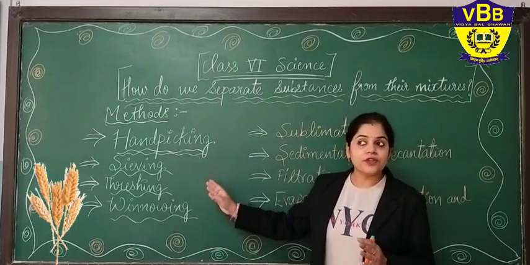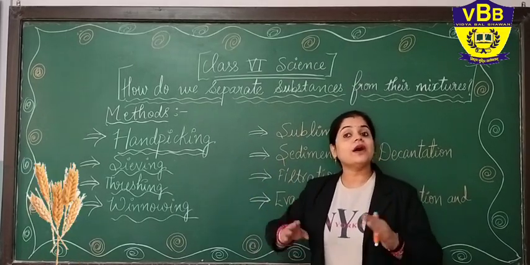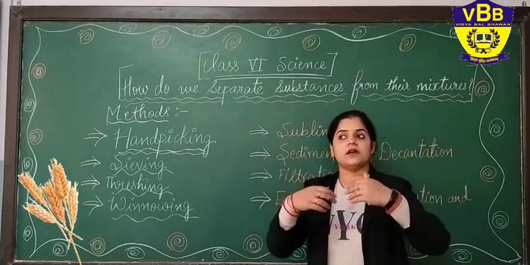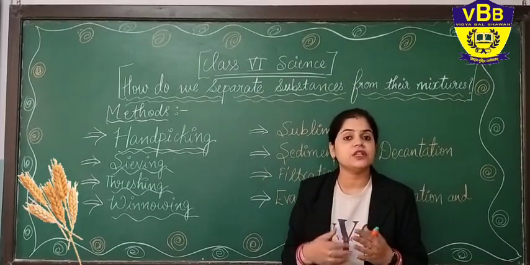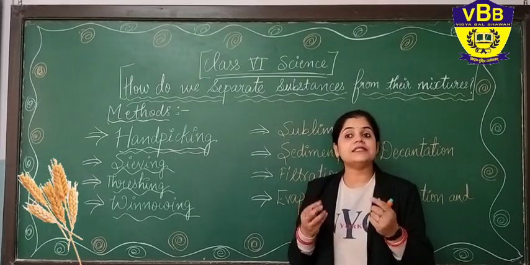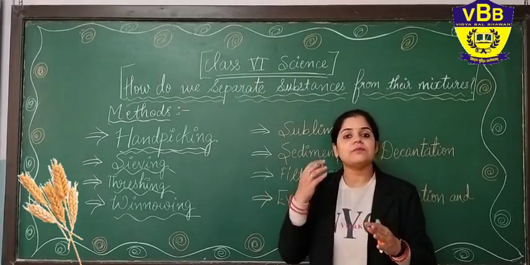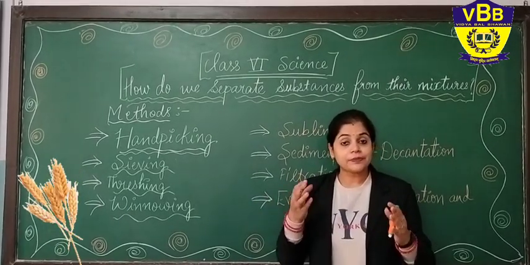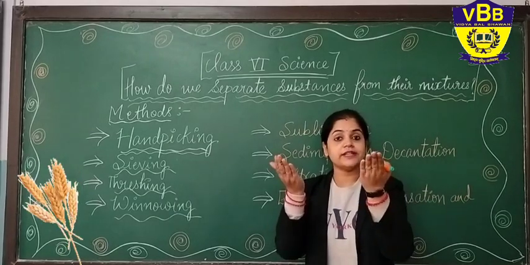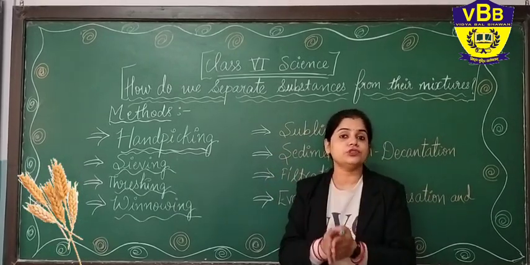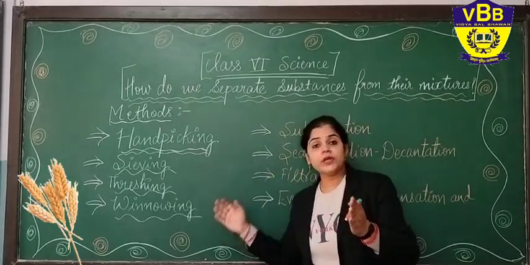Yes beta. Winnowing is when you are using an object that is used in our homes also sometimes, and it's called by different names in different languages, but in one language which I know, it is called soup, जिसे हम बोलते हैं soup, that is the object used for the winnowing process.